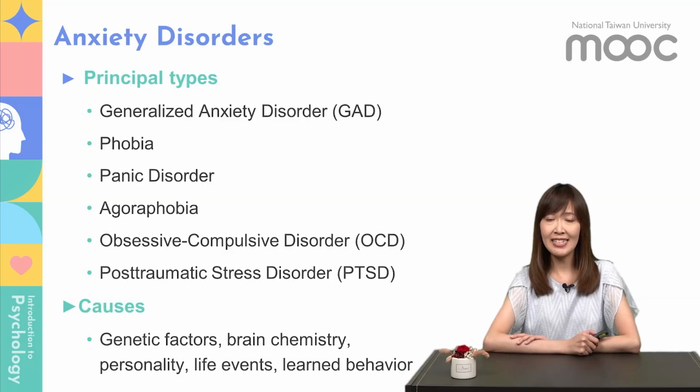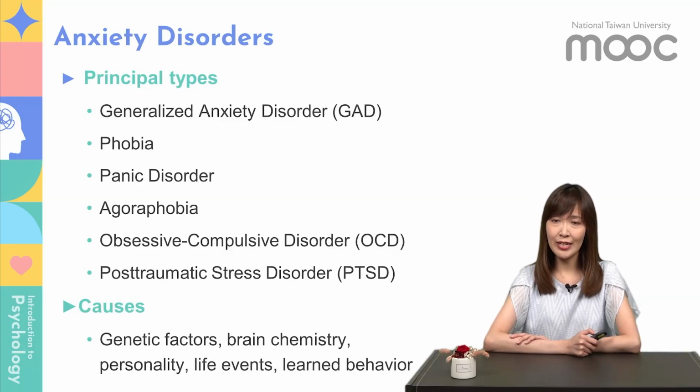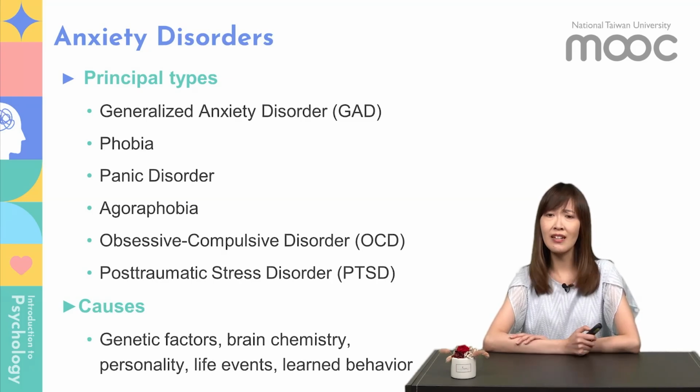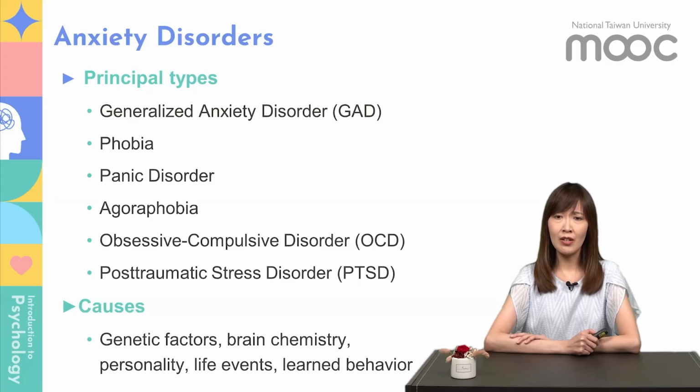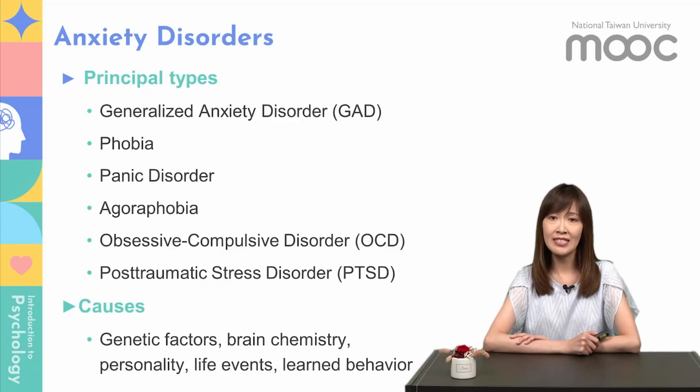And our personality. Well, some personality traits might also be related to anxiety disorders. So maybe you're a person who tends to worry a lot, or maybe you like to think a lot, then you might have the tendency to have an anxiety disorder. In addition, life events such as divorce or abuse might also play a role.